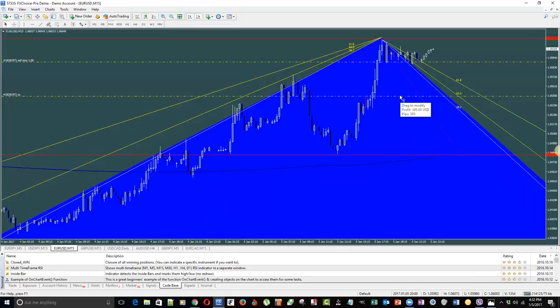Oh, so I can drag this. The profit is $395. You know, my risk up here is extremely minimum, because the odds of it actually continuing to go up is extremely slim.